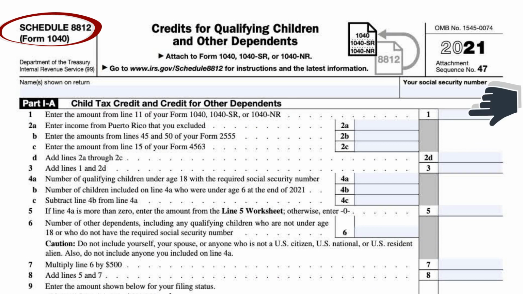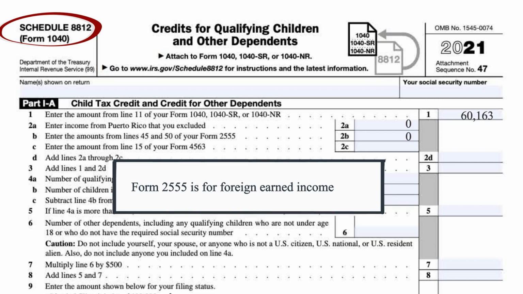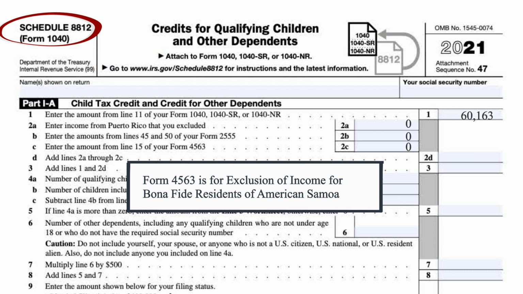Line 1 of Schedule 8812 asks for the amount from line 11 of Form 1040. Lines 2A, 2B, and 2C ask for income from Puerto Rico that was excluded, the amounts from line 45 and 50 of Form 2555, and the amount from line 15 of Form 4563.